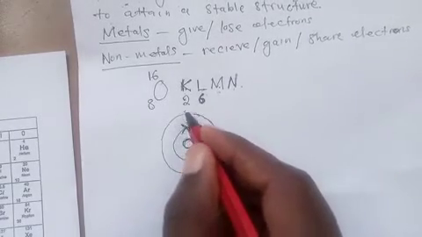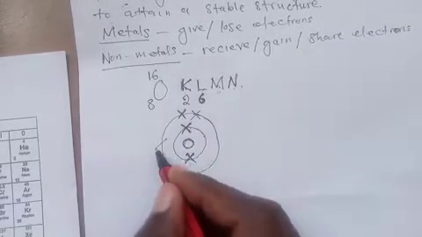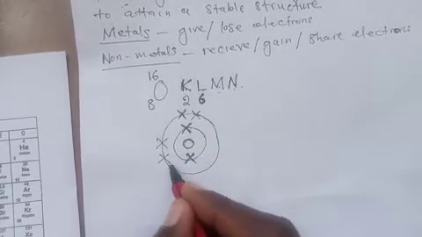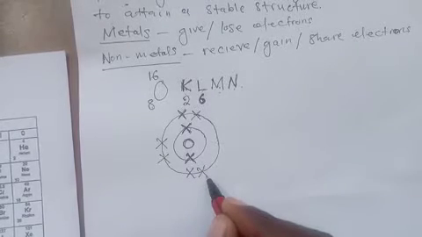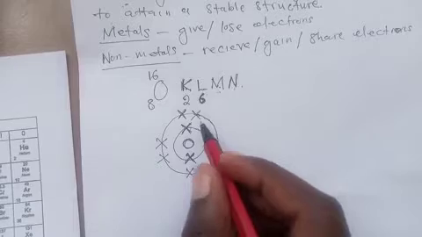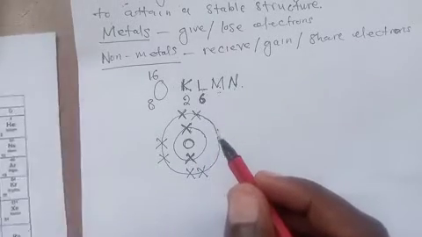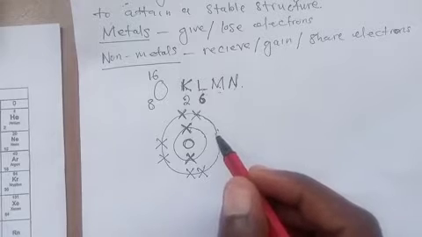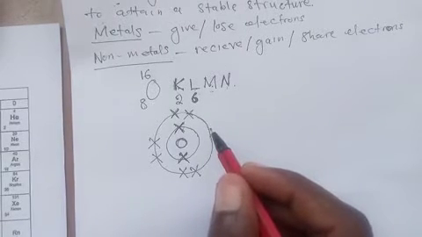So let's see how it's going to be. 1, 2, 3, 4, 5, 6. Okay, 6, right? So meaning that it needs 2 more for it to be full. Are we together?